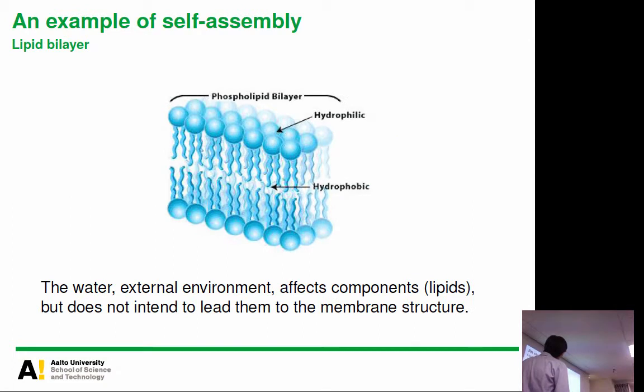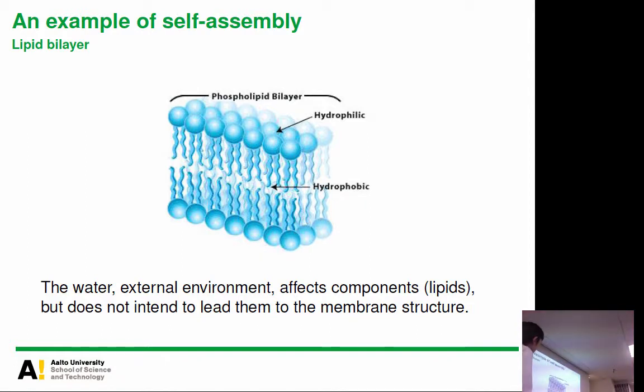But let's say more examples. So another example of self-assembly is the lipid bilayer. Our cell is surrounded by these lipid bilayers, but this lipid bilayer also assembles autonomously. Okay, so this lipid has a very simple structure. Of course, I shouldn't say it's simple. It's very complicated, but very simply, we can say this part has a head and tail. Okay, this head is hydrophilic. This tail is hydrophobic.